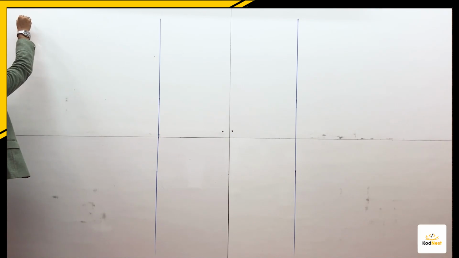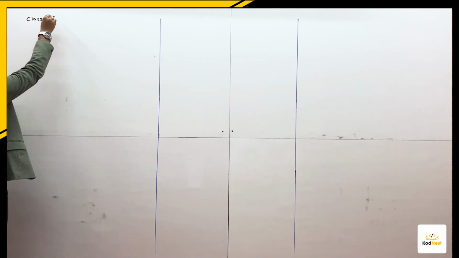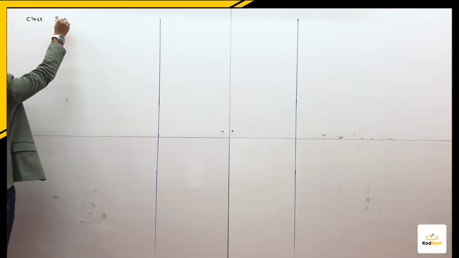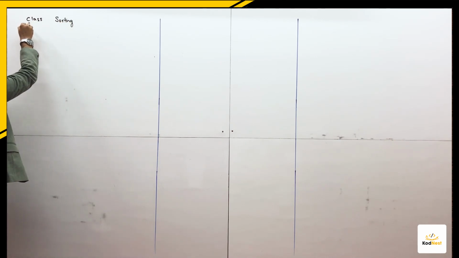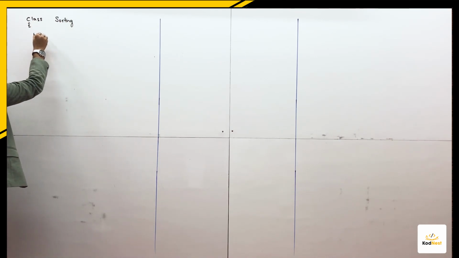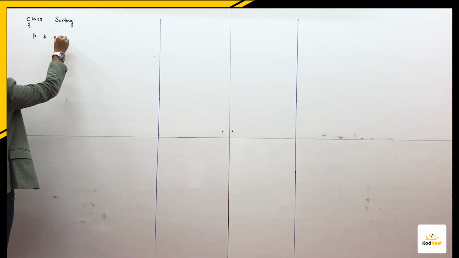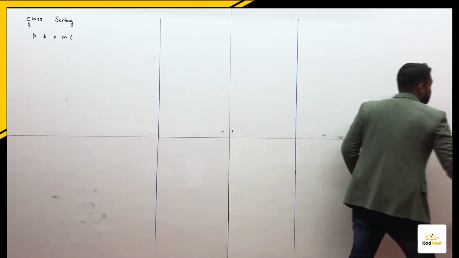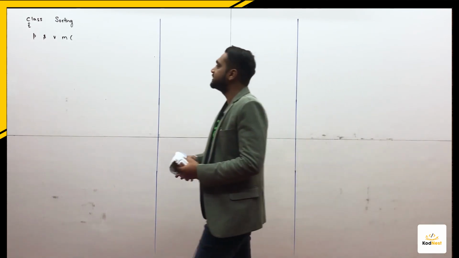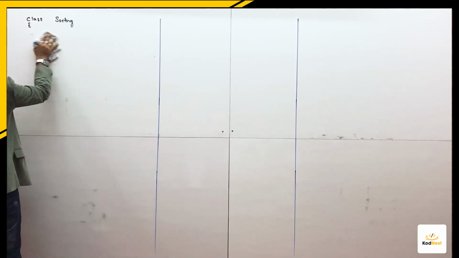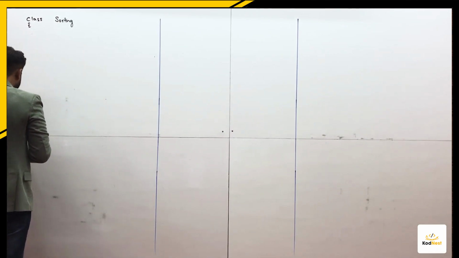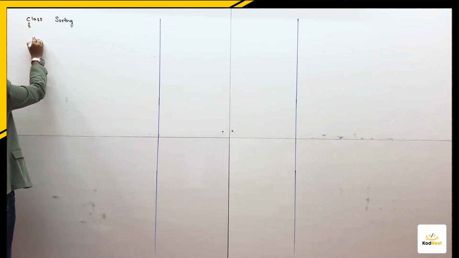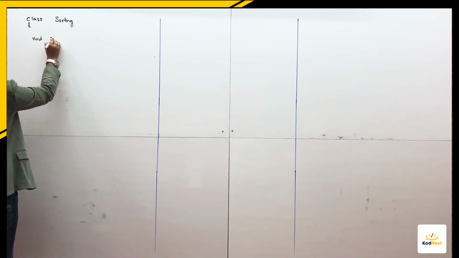So I will write one class called sorting. Inside the class sorting, I have public static void, one method called void insertion sort, like this.